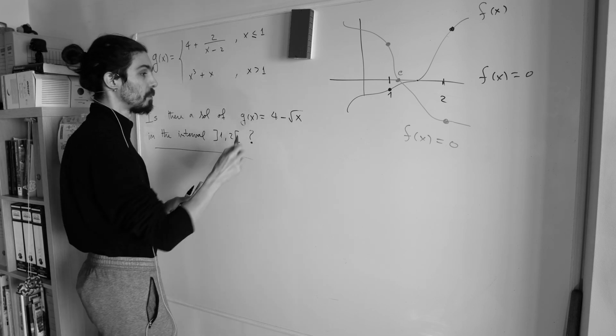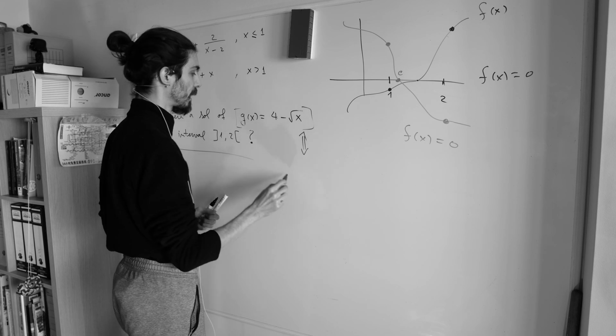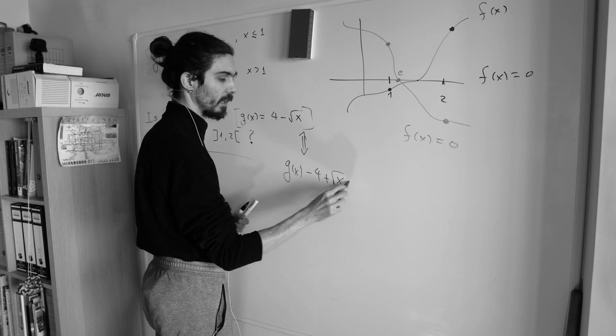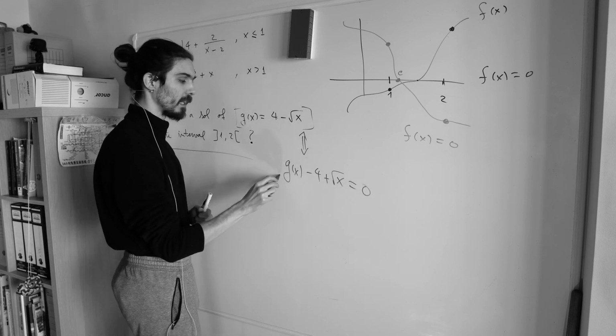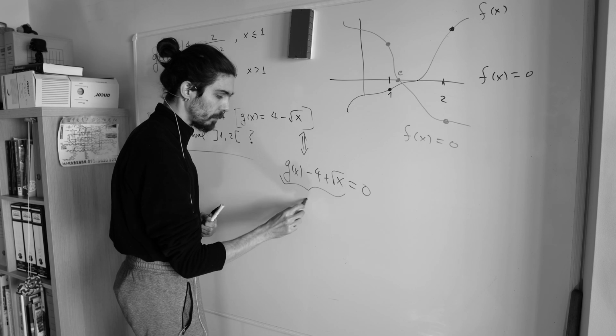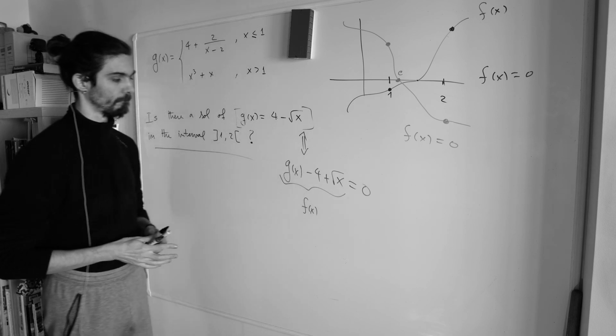For that, let me just recast this equation like this: g of x minus 4 plus square root of x is equal to 0. And now let me define this number here as being f of x. So f of x is an abbreviation for this number.